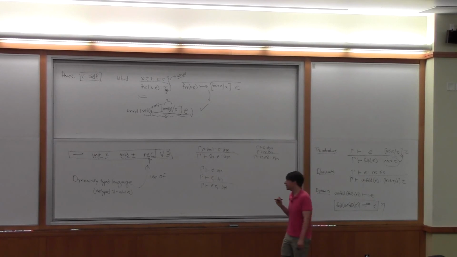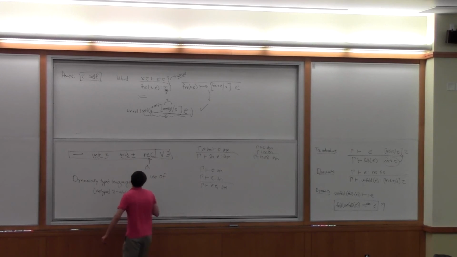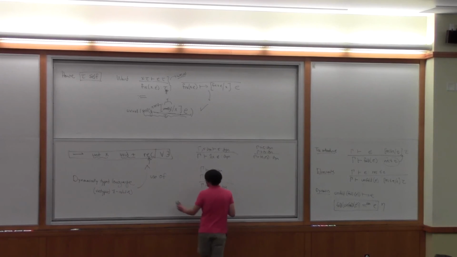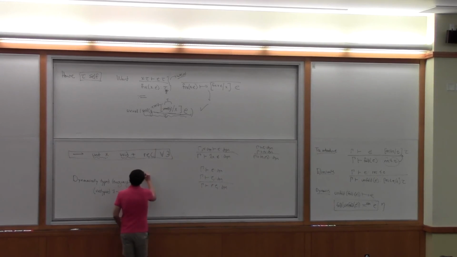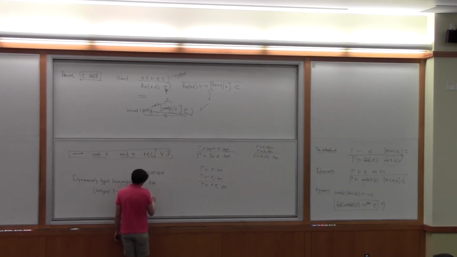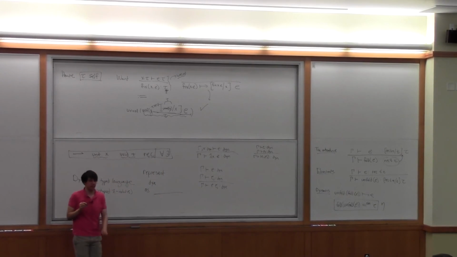Now, what we can do to see this as a use of these type constructors is to represent the dynamic type as some type built up out of these operations.